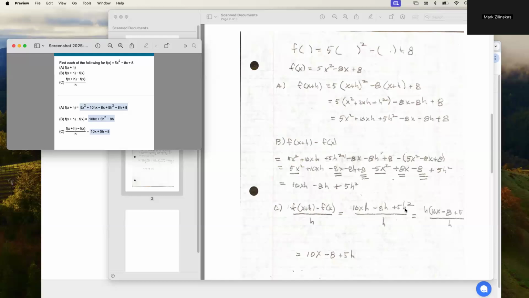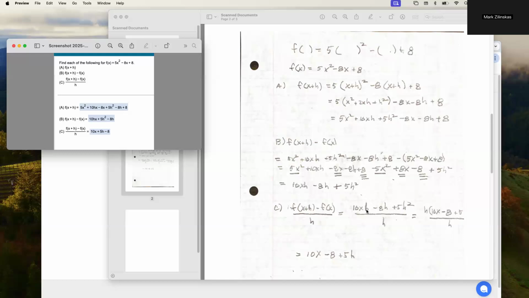Notice I have a common factor of h in all of these terms, all right? And I think this scanned off here. There should be an h here, so I apologize for that. Looks like it cut off my parenthesis. I didn't realize that when I scanned it, so sorry about that. But I just take this expression right here. All these have a common factor of h.